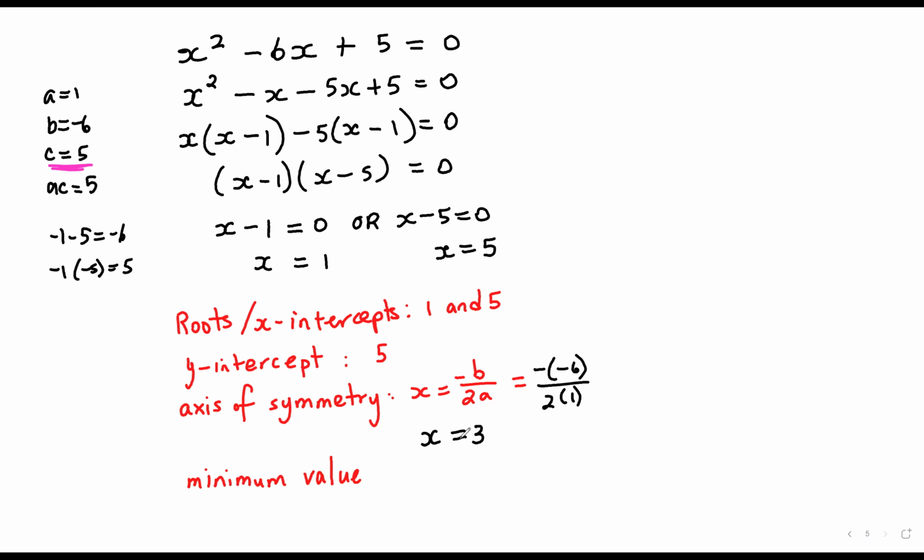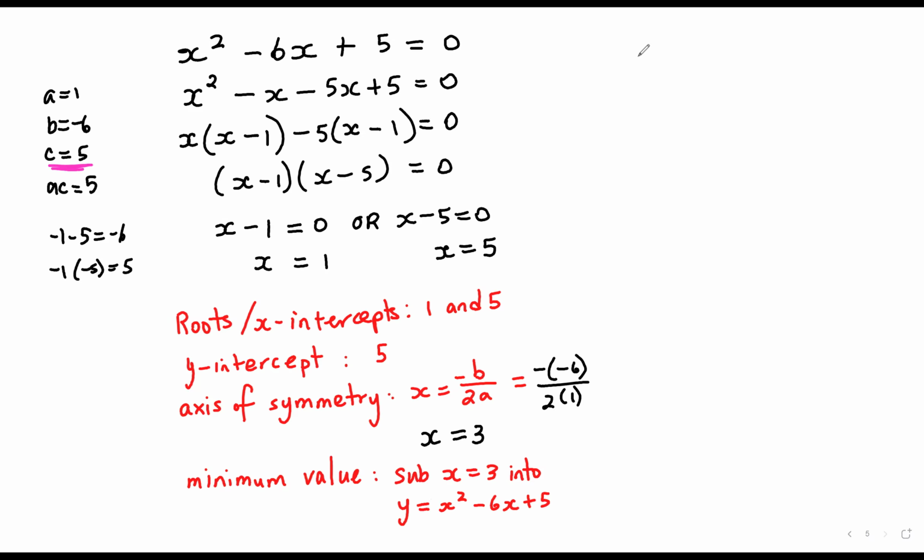So what we will do to find the minimum value is substitute x is equal to 3 into y is equal to x squared minus 6x plus 5. All right, so I'm going to write this one up here.